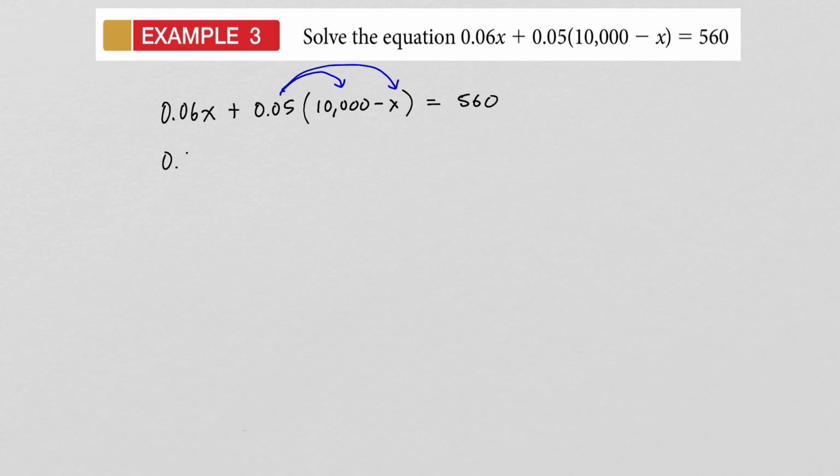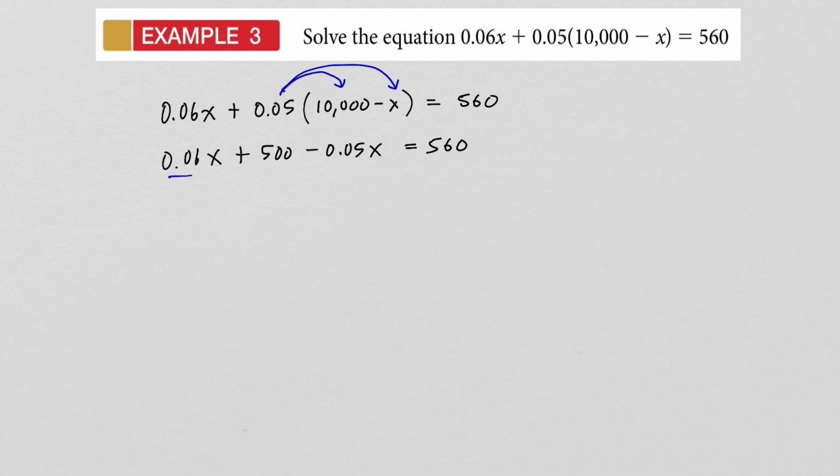So we have 0.06x plus, now we've got 0.05 times 10,000. Now you could just do that on a calculator. So this is going to give us 500. And then we have 0.05 times negative x, which is negative 0.05x, and then equals 560.